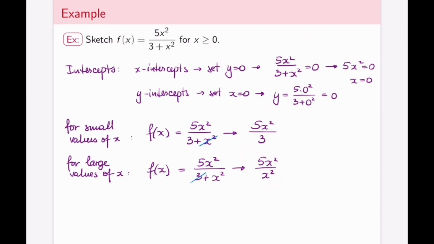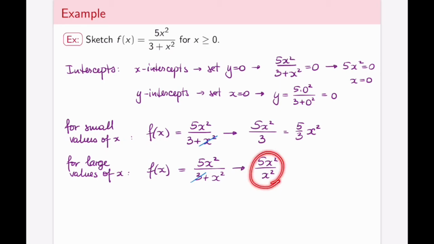Now I can rewrite both of these in a slightly more visually suggestive way. For example, I can rewrite this as 5/3 x squared, and it makes it very clear immediately that this is just a parabola with a positive coefficient, so an upward-facing parabola.